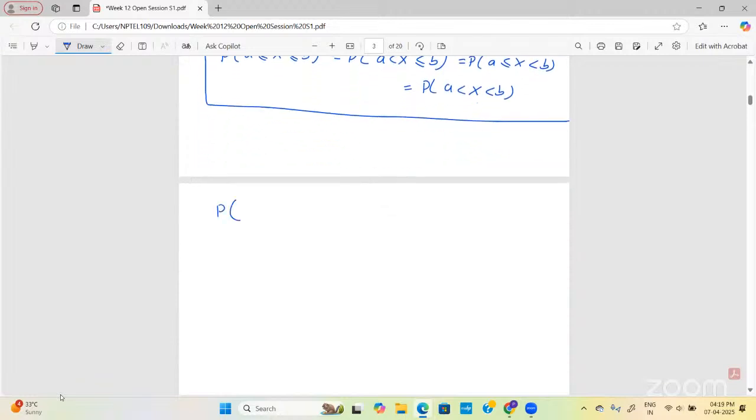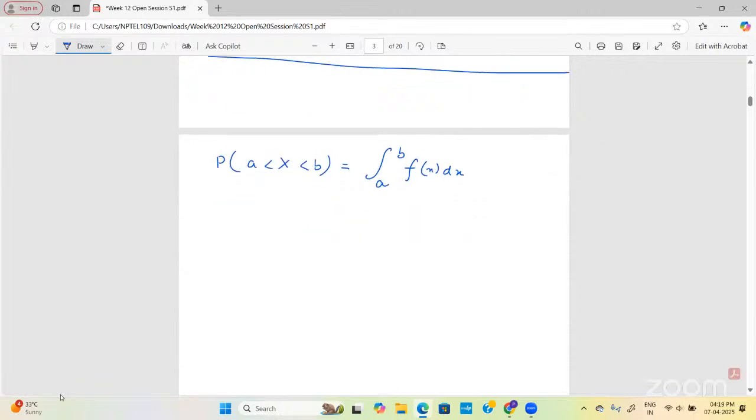If you have to find the probability from point A to B, how do we find it? It is the integral from A to B of f(x) dx. And if you have to find the probability at a single point A, then x is less than or equal to A, or greater than or equal to A, which is nothing but the probability at point A only.